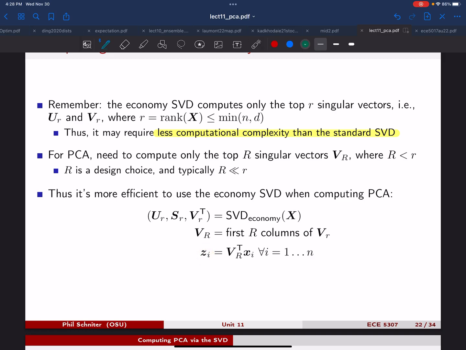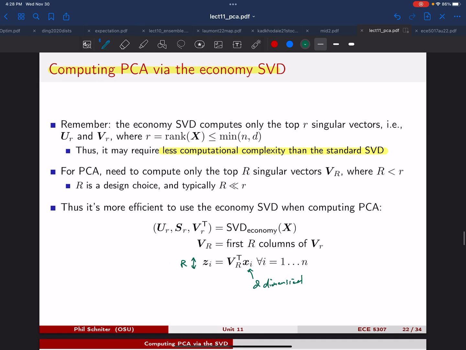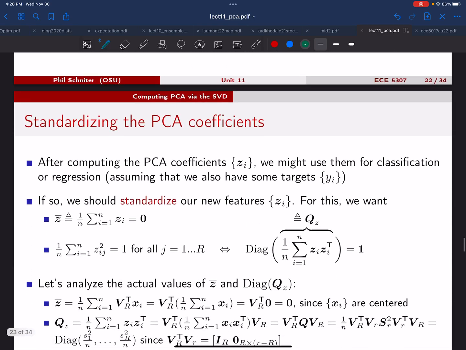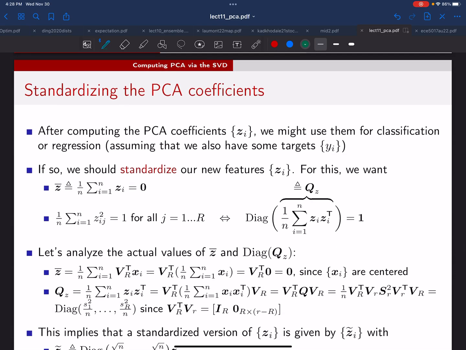They are going to be R-dimensional, whereas the XIs were D-dimensional. So that's how we do our compression. Okay. All right, so any questions on how we're approaching this? Okay, so that's how we do PCA in practice using this economy SVD.